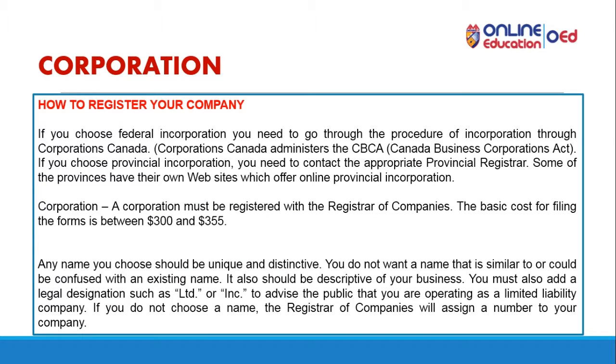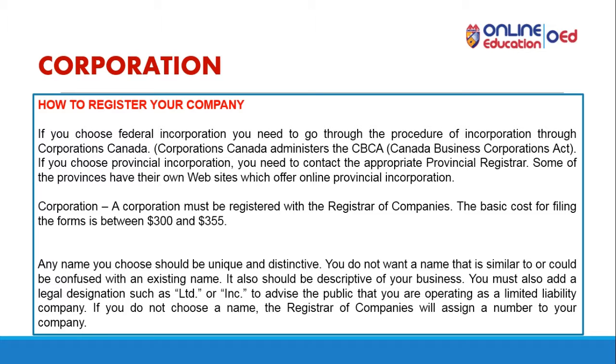Alright, so how are you going to register your company? If you choose federal incorporation, you need to go through the procedure of incorporation through Corporations Canada. Corporations Canada administers the CBCA, Canada Business Corporations Act. If you choose provincial incorporation, on the other hand, you need to contact the appropriate provincial registrar.